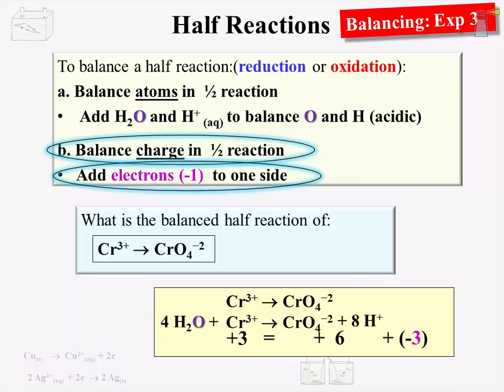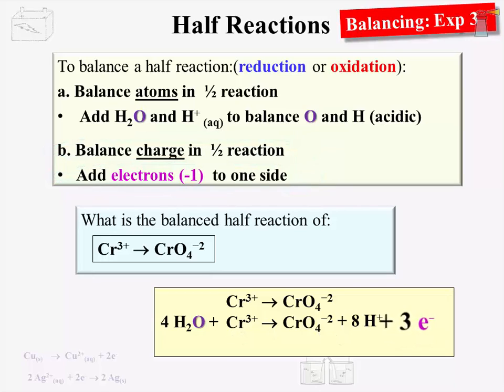Specifically, adding -3 charge to +6 will make the net charge on the product side equal to the charge on the reactant side. To add a -3 is to add 3 electrons. This is a balanced half reaction, and it's almost as difficult as these half reactions get. Almost. For demonstration purposes, we will look at what it takes to modify the half reaction for basic conditions.